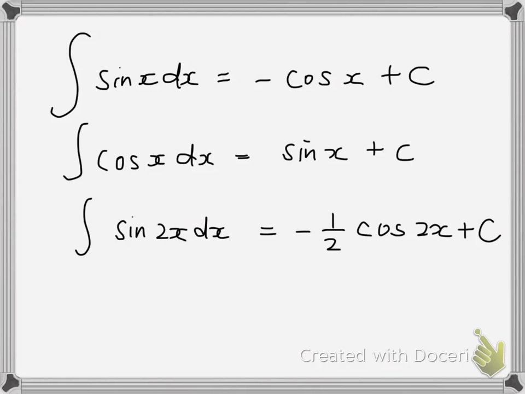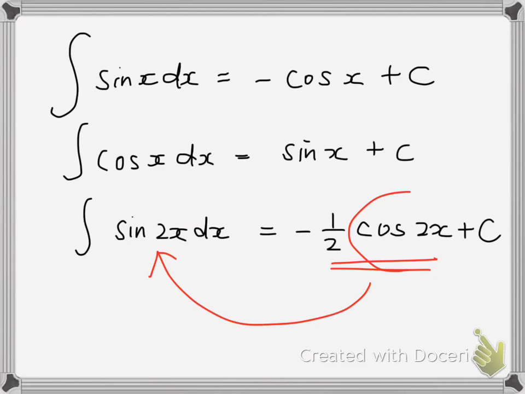Okay? So if you're not so sure how to put that constant, whether it's a half or a 2 or whatever it is, you differentiate your answer. You should get your question.